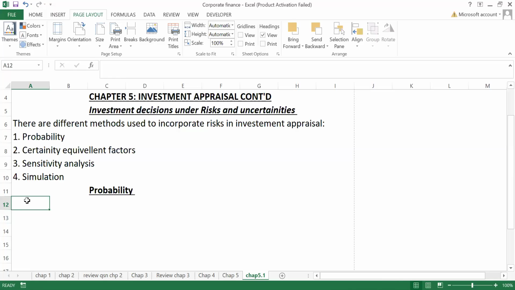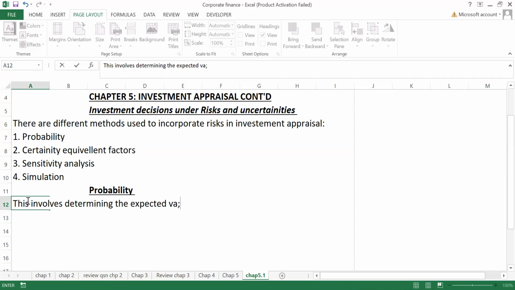But what you do is to get the expected value. And how do you get the expected value? You just get the cash flows, then multiply by the respective probability. So this involves determining the expected value of the cash flows.